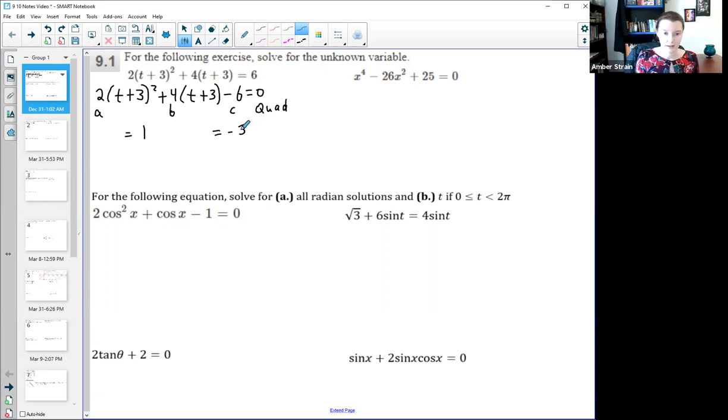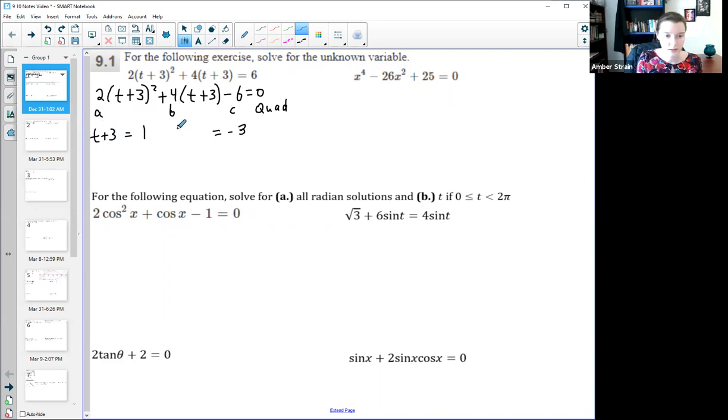Now, normally when we had a quad program for just an x squared and 4x minus 6 kind of scenario, that would be the answer for x. X would be 1 and x would be -3. But since we didn't just have x, sorry, all tongue tangled, we had the whole thing, the stuff, t plus 3, that is what is equal to 1 and -3.